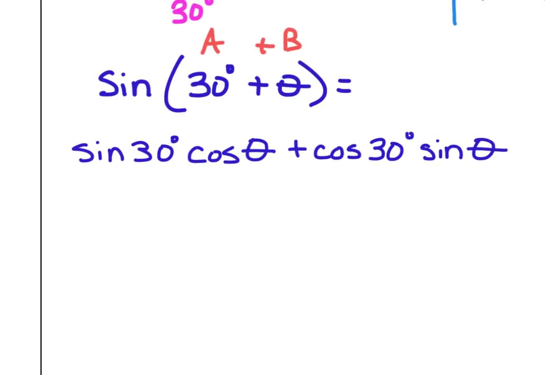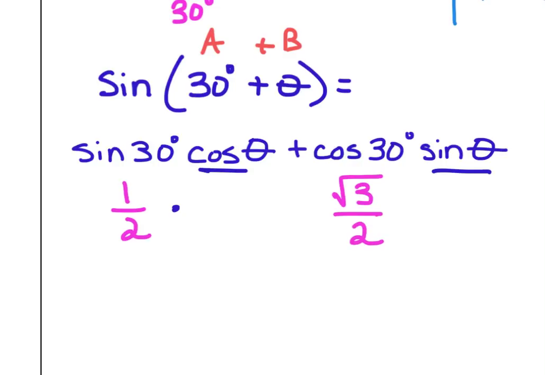Now, I know that the sine of 30 is 1/2, and I know that the cosine of 30 is radical 3 over 2. And now I'm going to use the triangle that I drew up above to find the cosine of theta and the sine of theta.